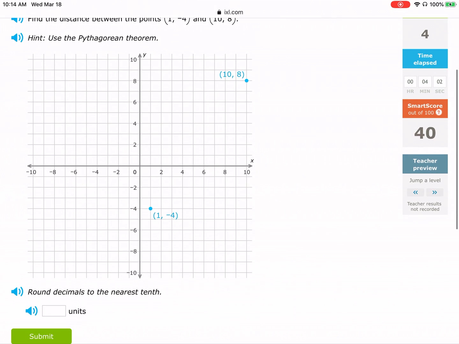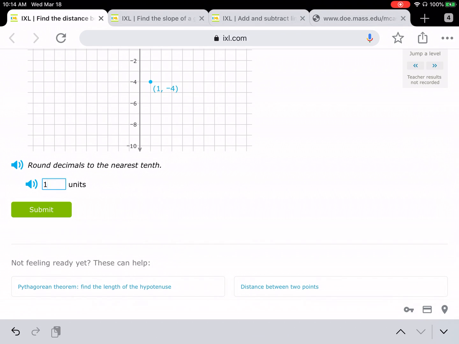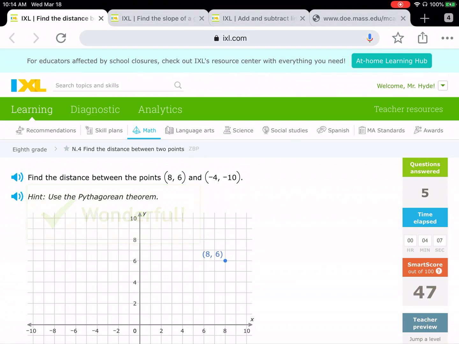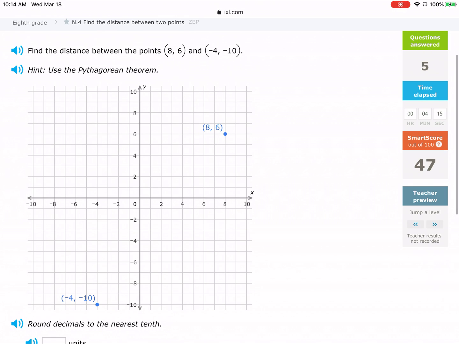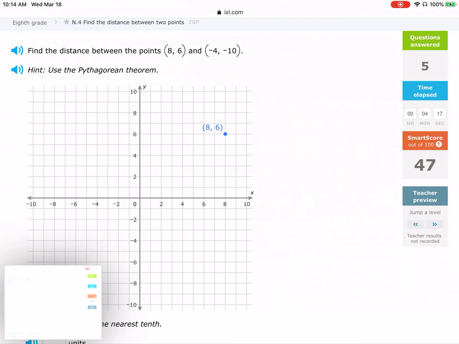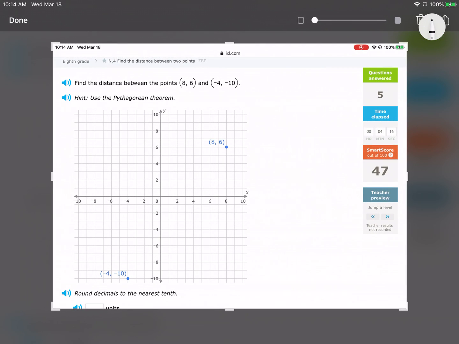That's going to give me the square root of 225, which is 15. So I come back, and that's going to show me that it's 15 units across.